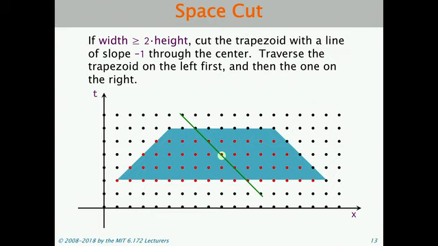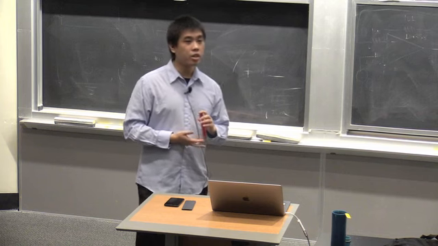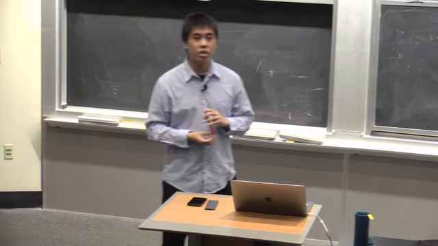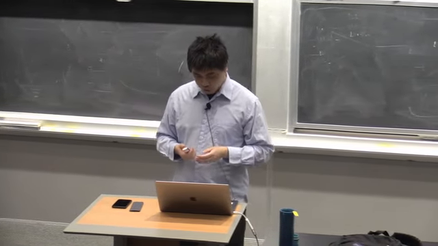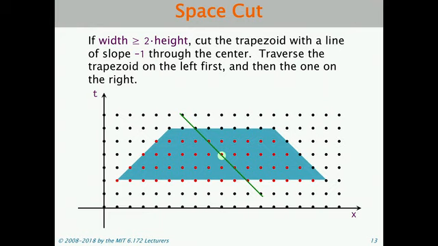So can I actually switch the order of this? Can I compute the stuff on the right side before I do the stuff on the left side? No, why is that? Yeah, so there are some points in the right trapezoid that depend on the values from the left trapezoid.